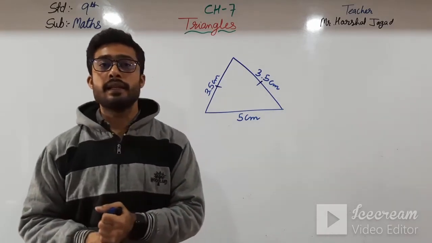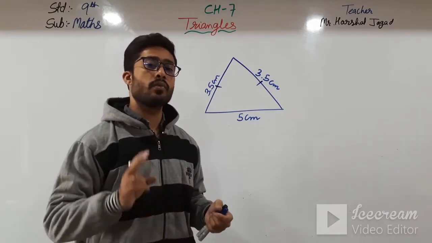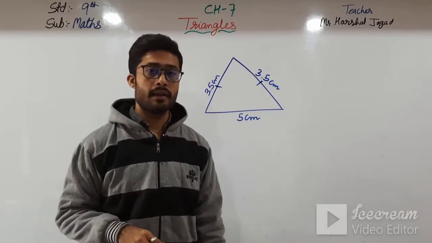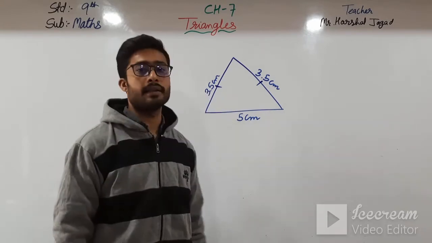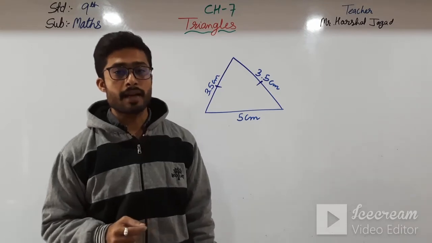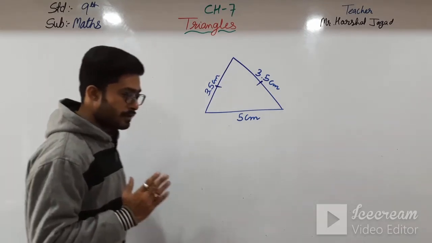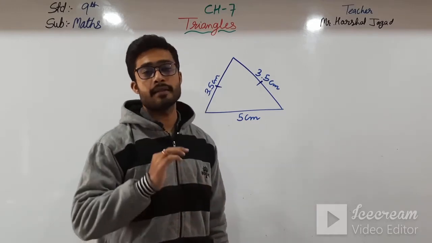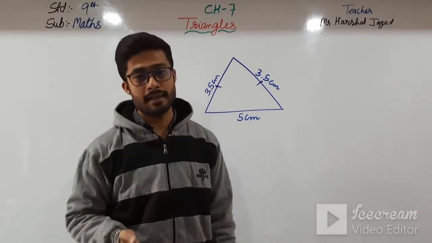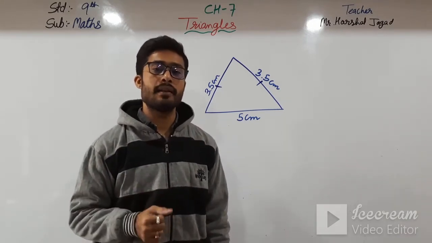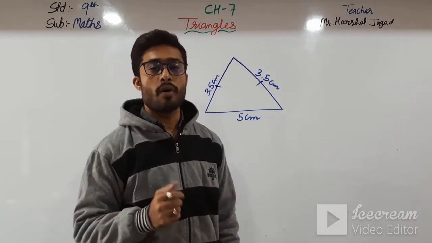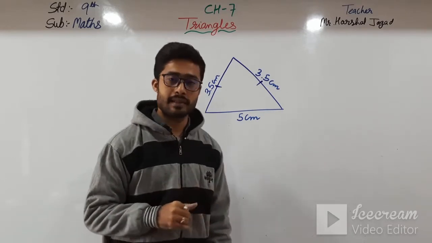So a triangle in which two sides are equal is known as an isosceles triangle. If the three sides are equal, then it is known as an equilateral triangle. If the angle is 90 degrees, then it is a right angle triangle, if it is less than 90 degrees, then it is an acute angle, and if it is more than 90 and less than 180, then it is an obtuse angle, that we have seen in the previous classes.